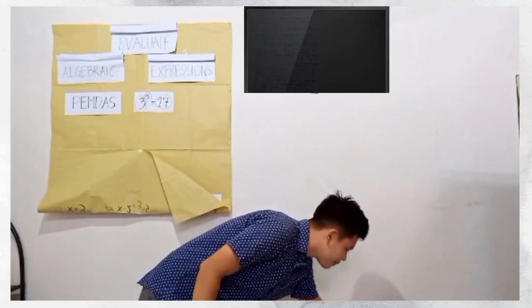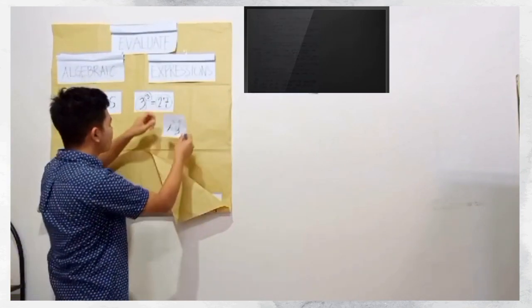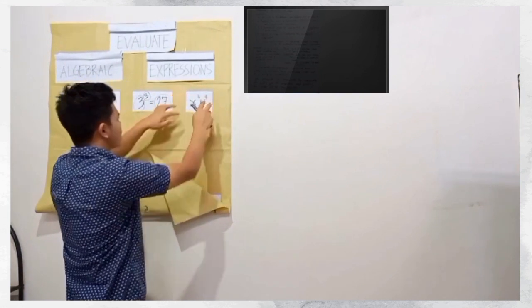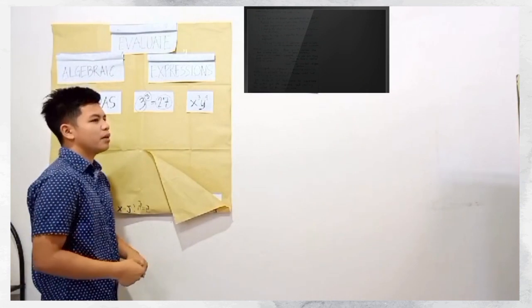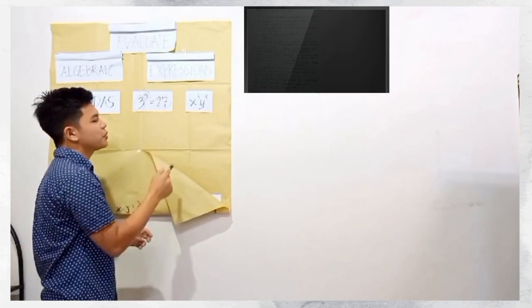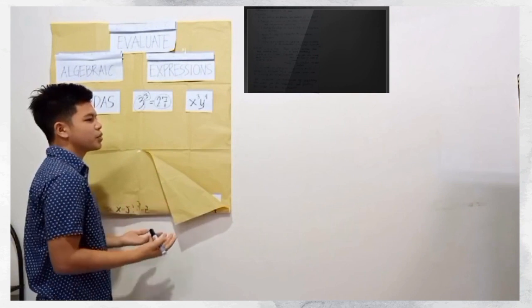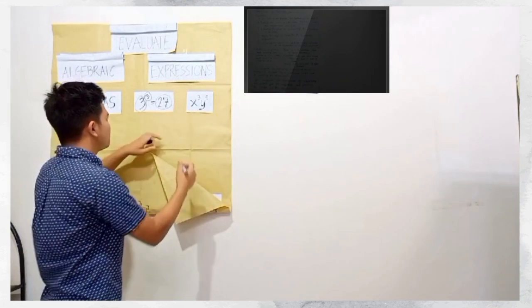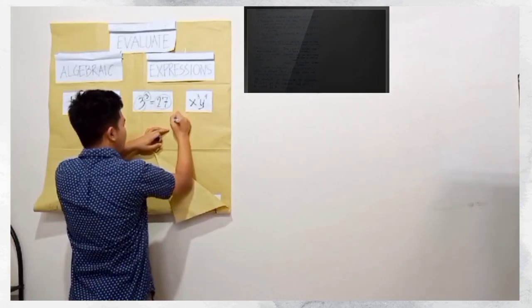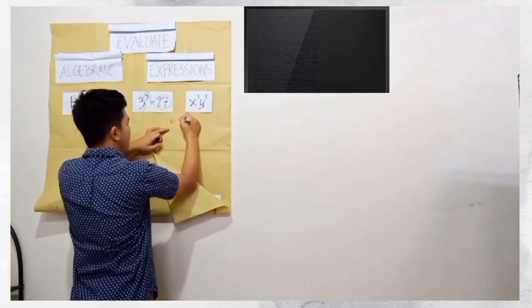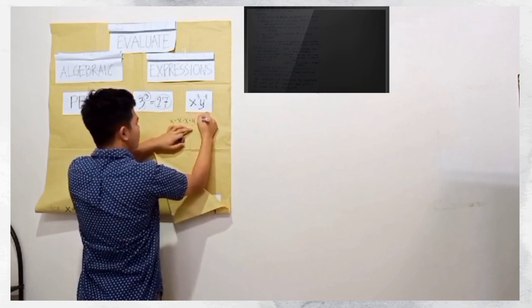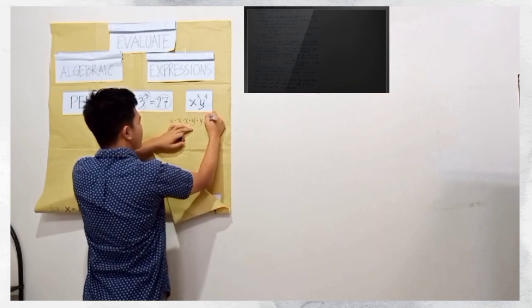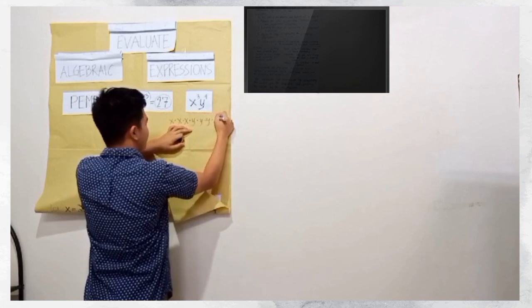Okay, another example. We have here x cubed and y to the power of 4. We have here an exponential notation. If we are going to have its expanded notation, this will become x times x times x times y times y times y times y.